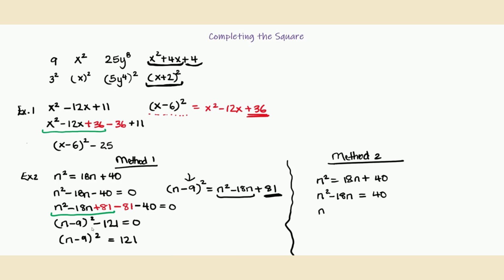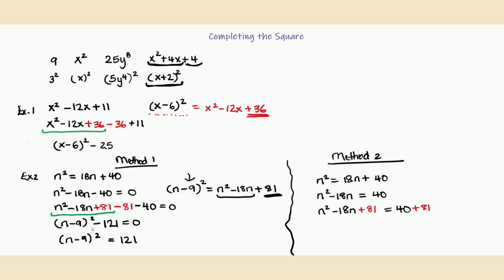So we have n squared minus 18n, but now let's add in 81 on the left, but using our properties of equality, whatever we do on one side, we must do on the other side.